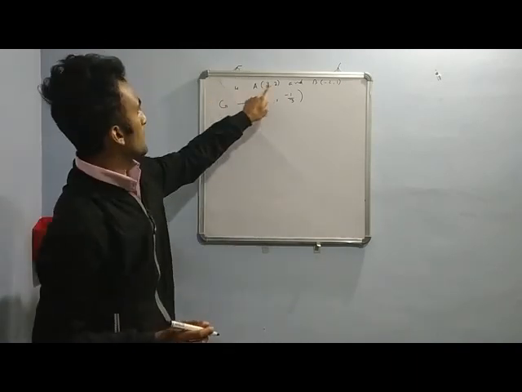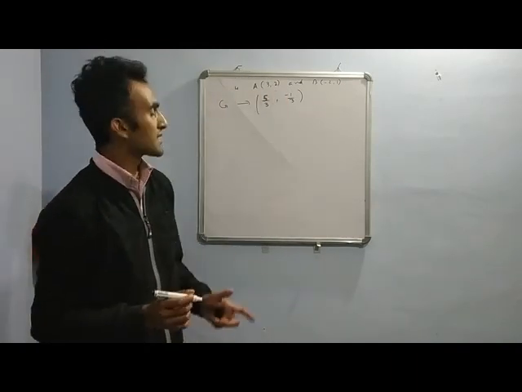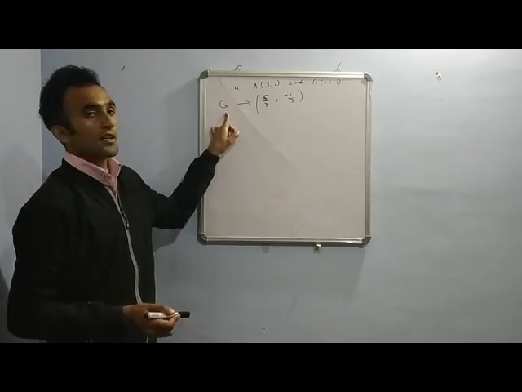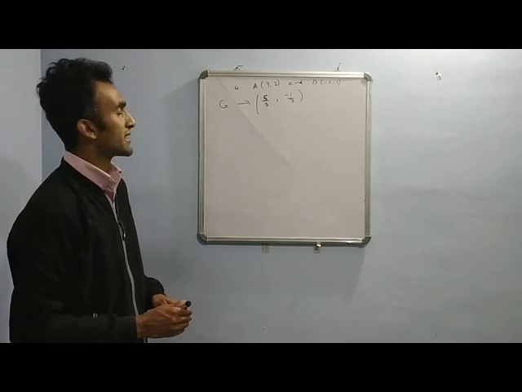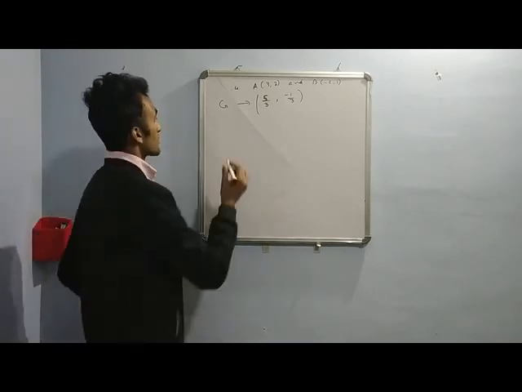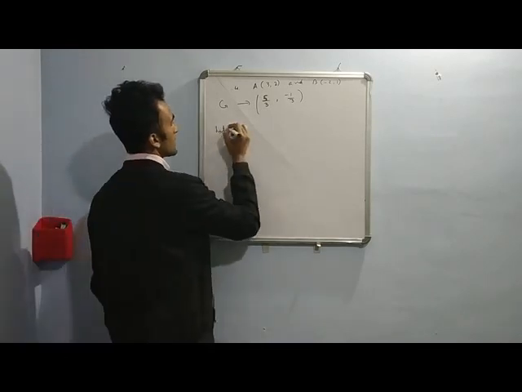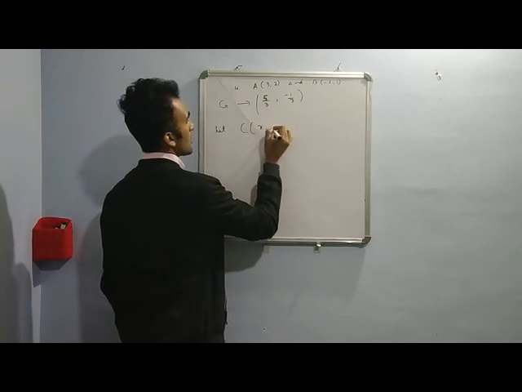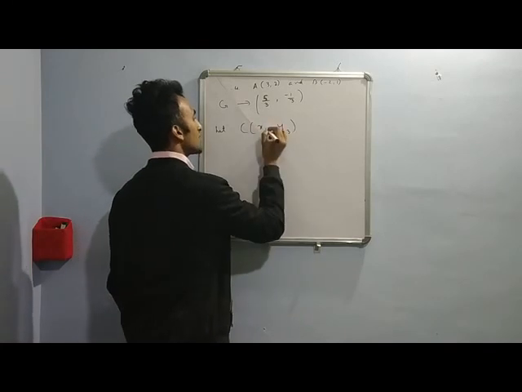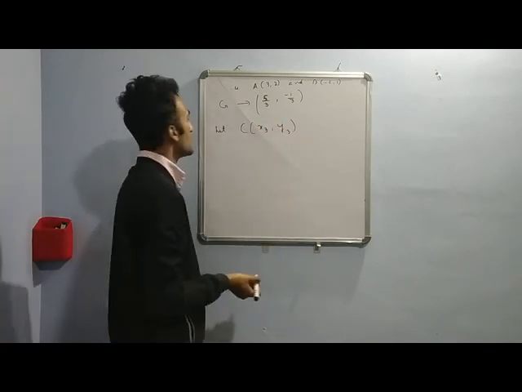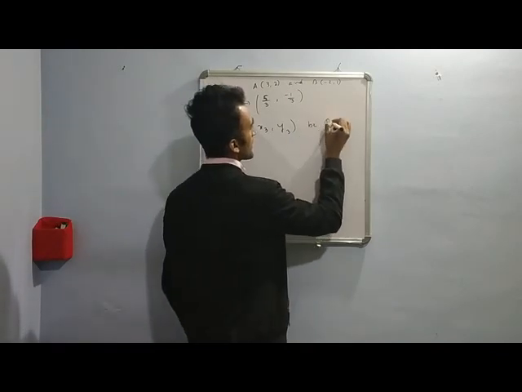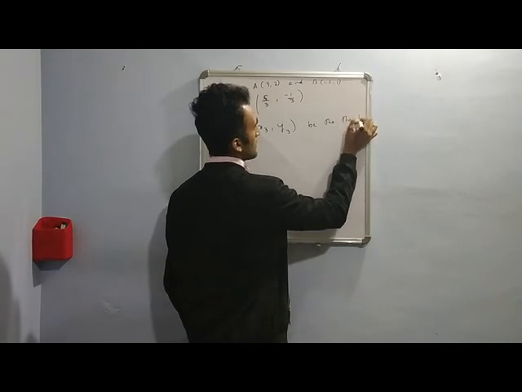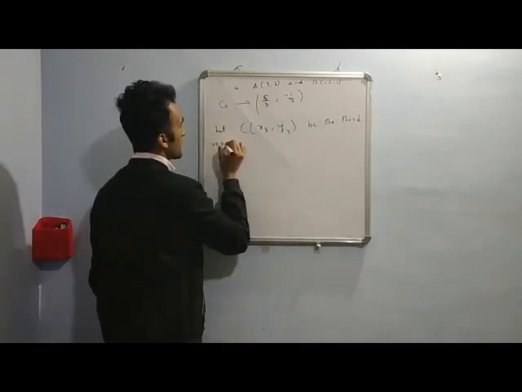See, A coordinates are given, B coordinates are given, centroid coordinates are given. We have to find the third vertex coordinates, that is for C. So let C be x3, y3, the third vertex. Very simple type of question, you don't have to take tension here.